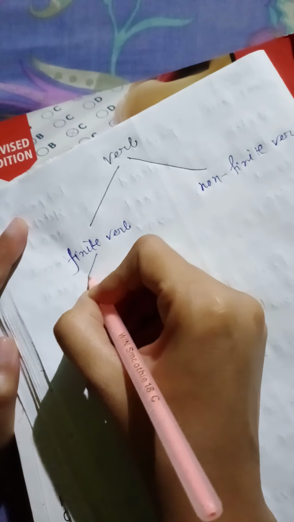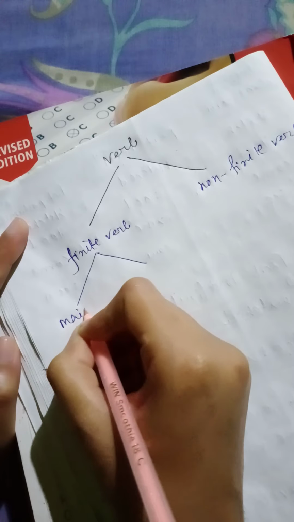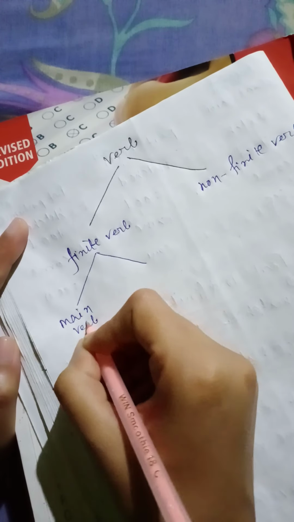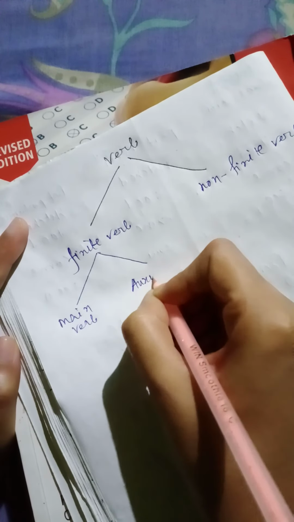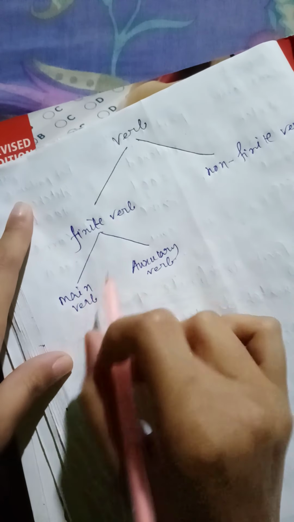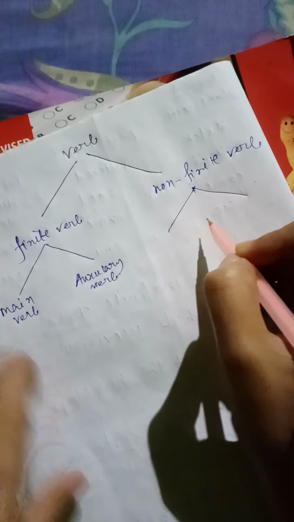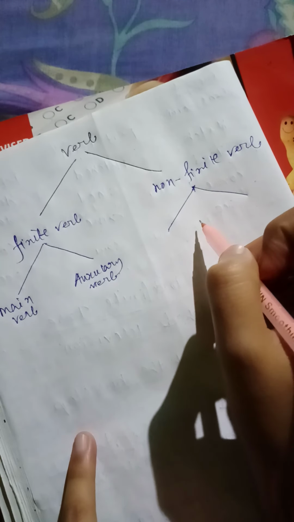Finite verb is further divided into two parts: main verb and auxiliary verb. We are all well aware of this part of verb, that is finite verb, main verb, auxiliary verb. But many of us have little knowledge about non-finite verb.